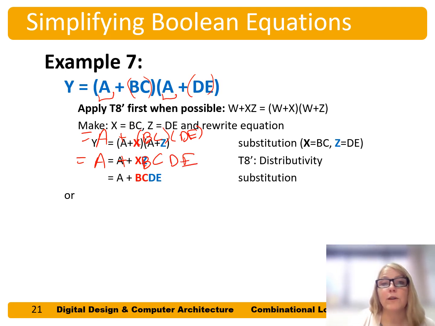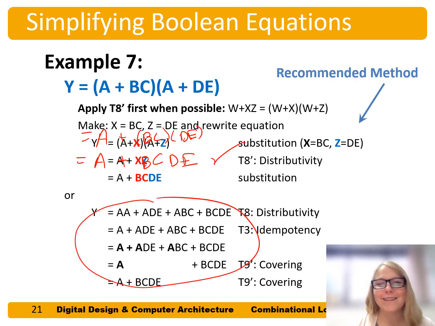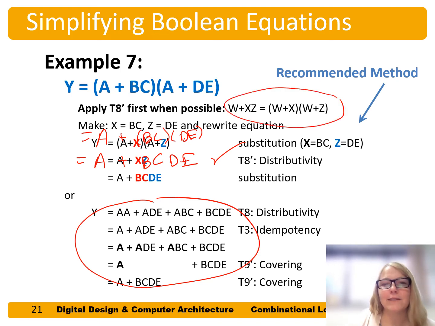Again, we can use the brute force way of saying A, or A and DE, or BC and A, or BC and DE, and it will reduce to the same minimized SOP form of the equation. So I'm not going to show that. Best to recognize the pattern where we can apply T8 prime, the dual form of distributivity, but it will work either way.